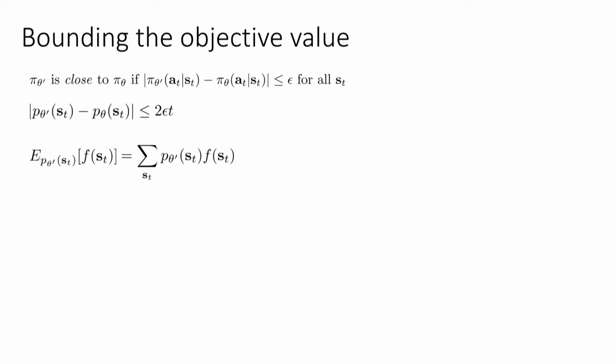And now our goal will be to rewrite this in terms of an expectation under p theta by exploiting this relationship and some error terms. And those error terms need to be small as epsilon becomes small.